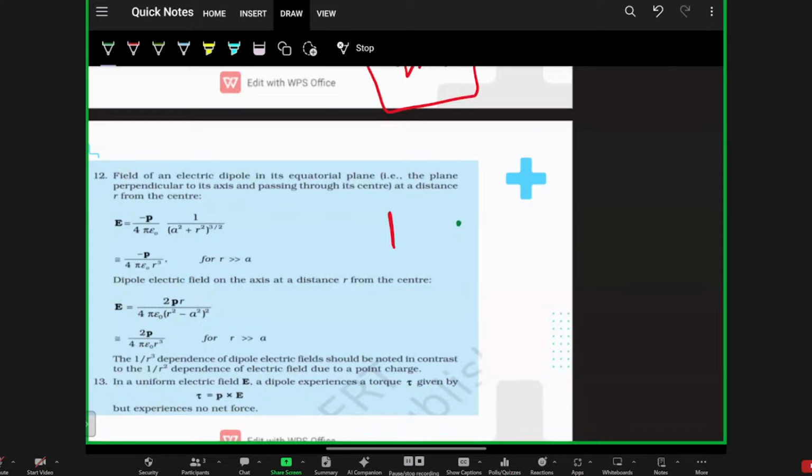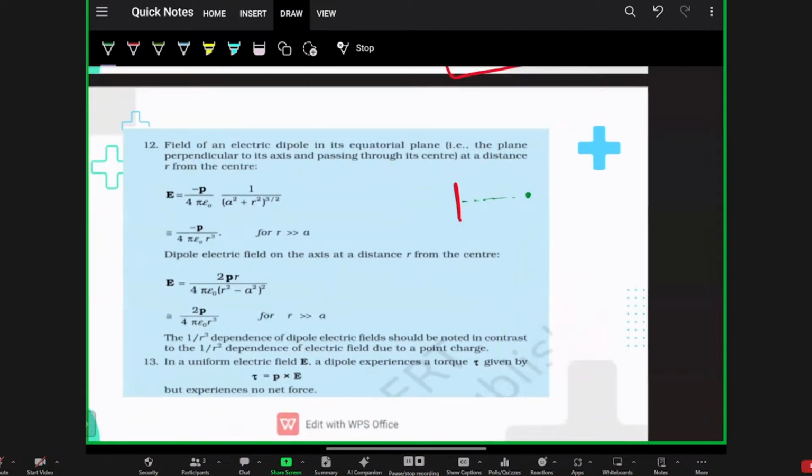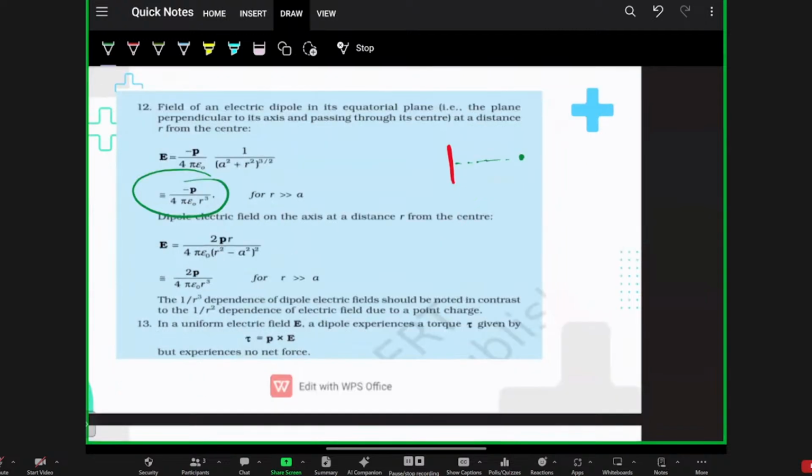There the electric field will be minus p divided by 4 pi epsilon naught r cube. The second scenario is a point along the axial line of the electric dipole. The electric field is 2p divided by 4 pi epsilon naught r cube.